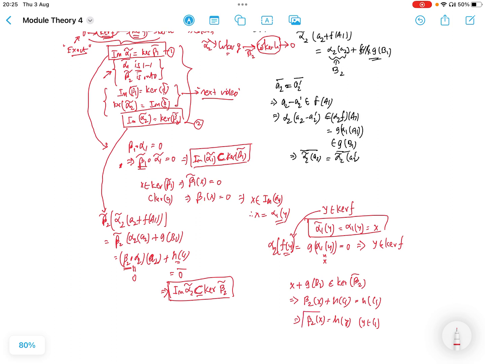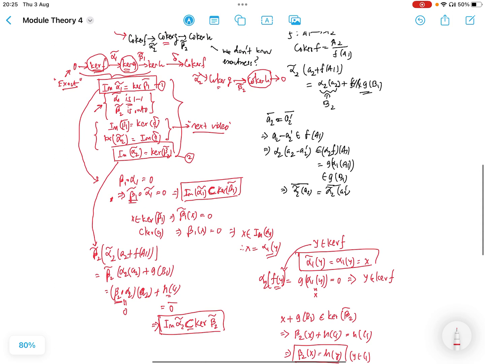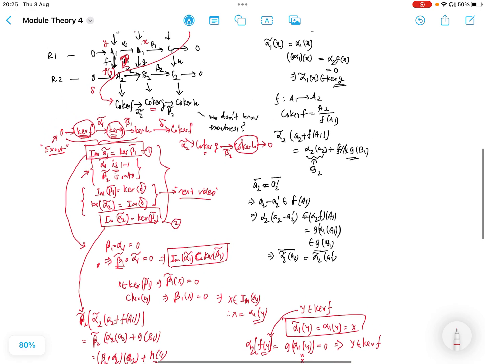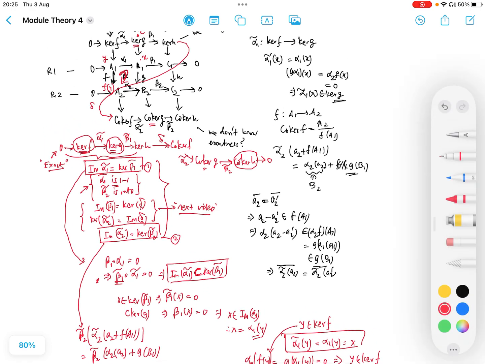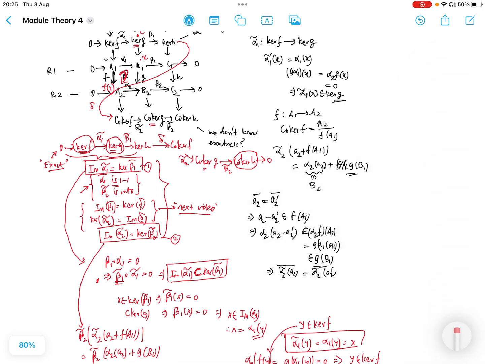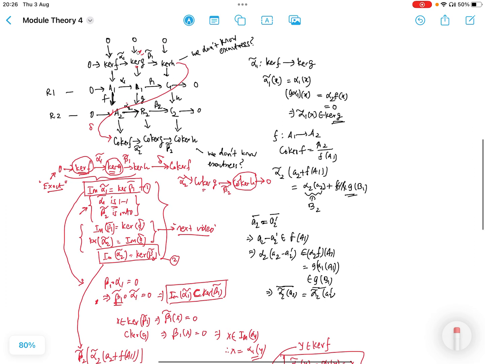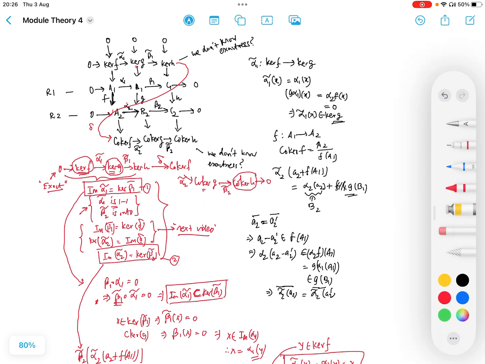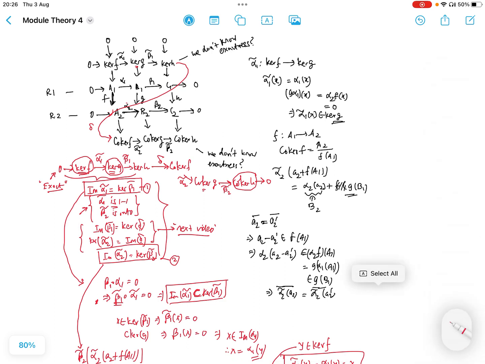So we got beta 2x is h of y. Let me remove this one. x was what?